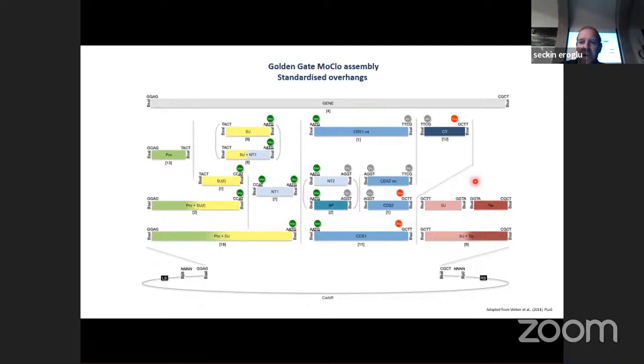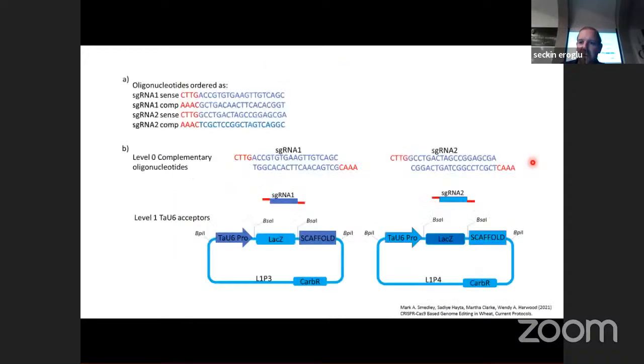So with wheat and cloning your guide RNAs, we're doing a very similar system to the previous speaker, in that we order two complementary oligonucleotides for the guide RNA sequence, and we have our overhangs, which are in red here.